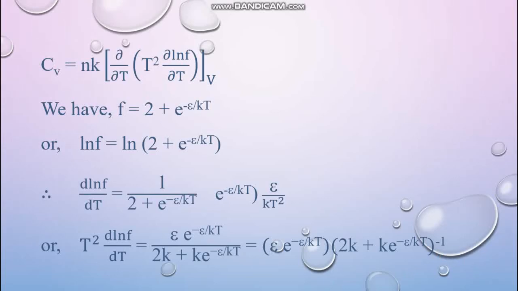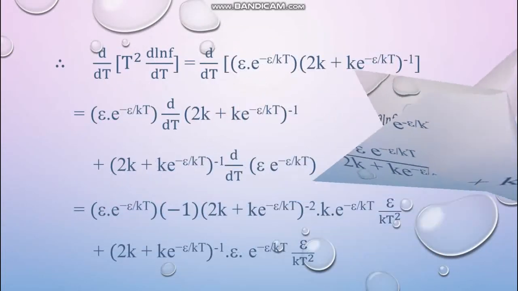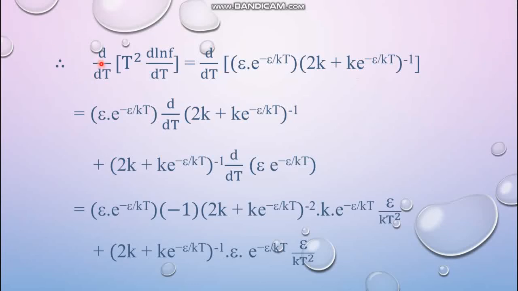So let's differentiate with respect to T. Because volume is constant, if volume somehow comes here, make it a constant term, but it would not come here. So differentiation of two things, this part and this negatively powered part.